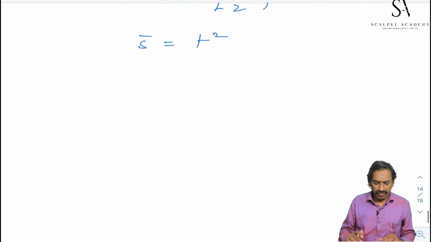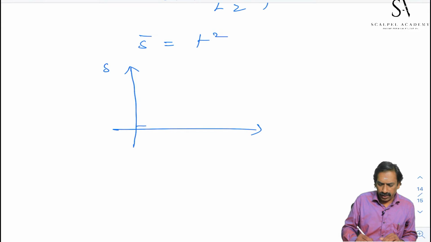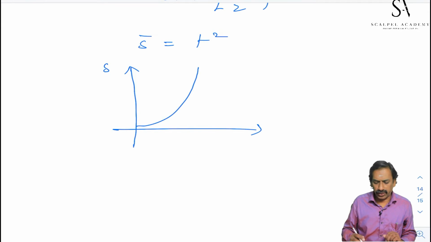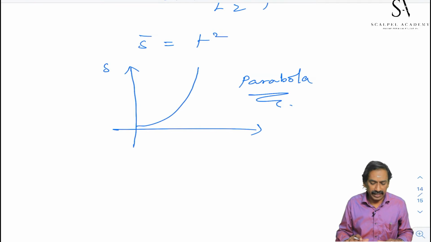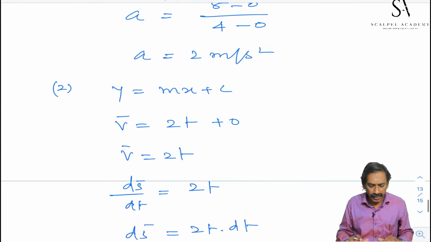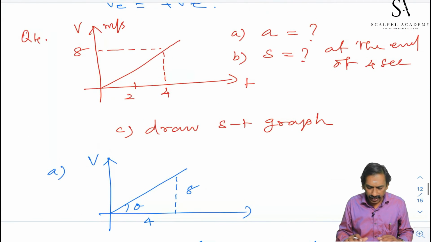So what is the graph of this displacement time? It is a parabola. It looks like this. We have learned how the ST graph will be. Okay. This is a question: draw the ST graph.